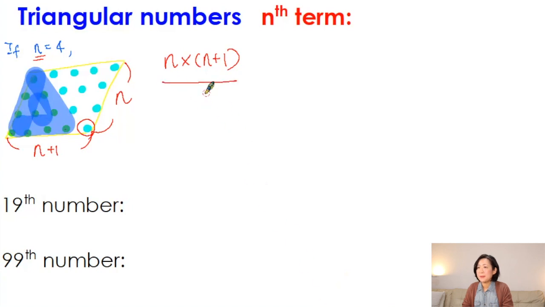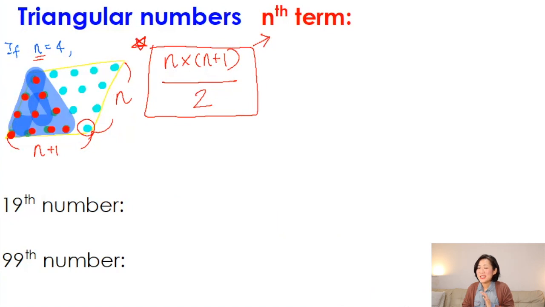Just simply divide by 2, because the parallelogram is made of two identical triangles put together, right? Can you see all of these red circles? That is our nth number. So now we've got a formula: n times n plus 1 divided by 2. That is the nth term of a triangular number.